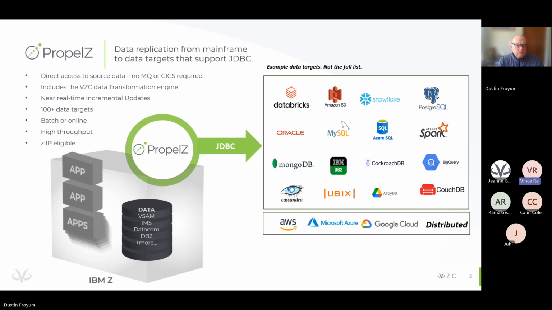What's really going on here is you give us what amounts to a SQL select statement, which gets resolved by the IMS system. So we're going to read records from that IMS database, and that's what goes through PropelZ. So IMS to Snowflake, or IMS to Oracle, or whatever your target is, fits that model perfectly well.